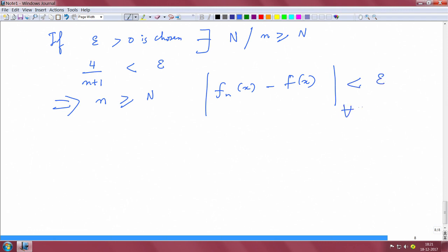This is over all points belonging to the interval [1, 3]. This proves uniform convergence.